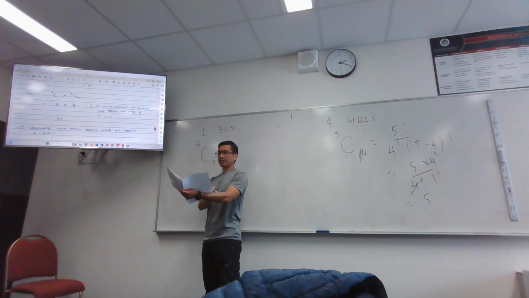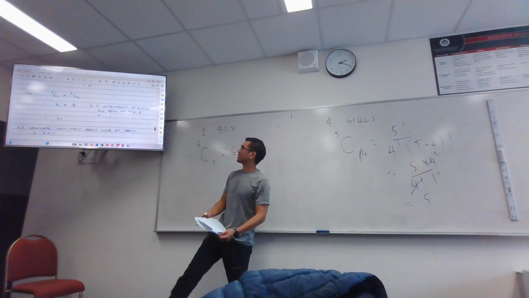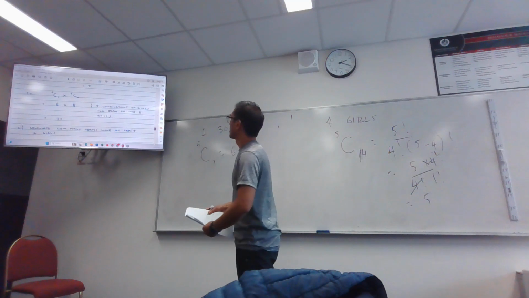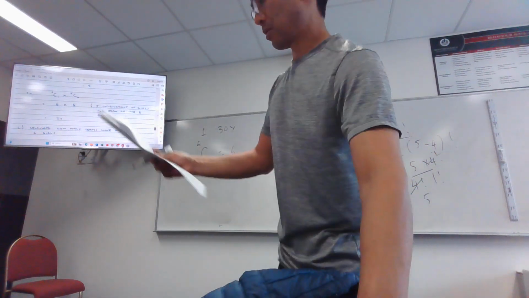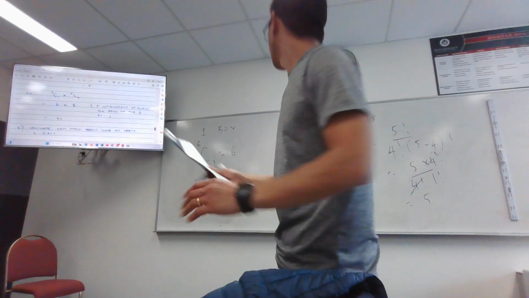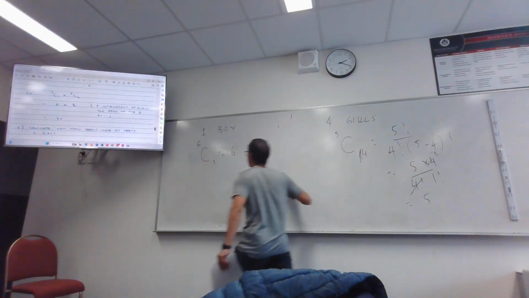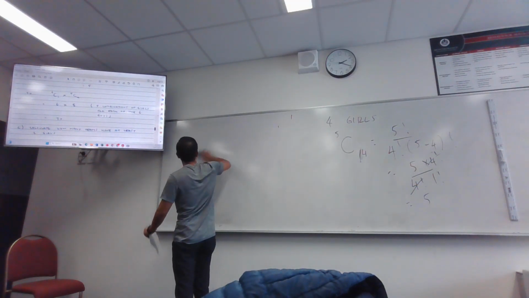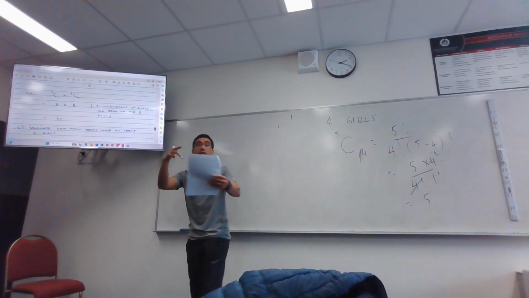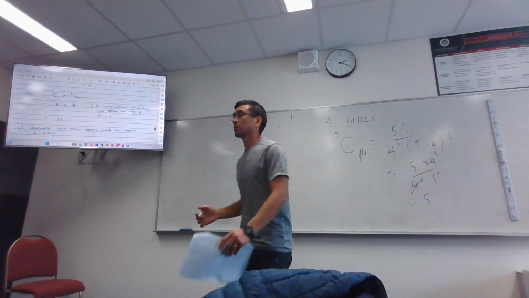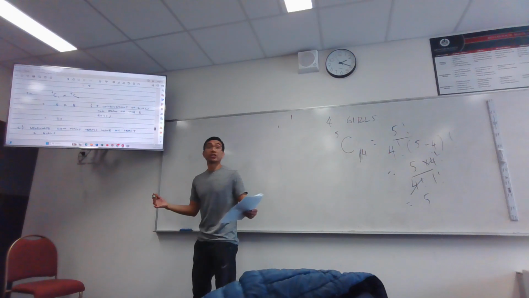Let's see. Second last question. Calculate how many teams have at least 2 girls. So, if we want 2 girls, what combinations can we have?